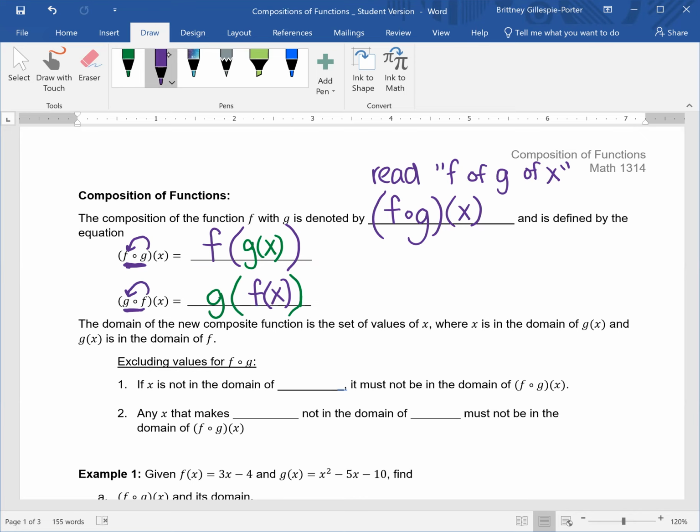We're going to be color coding a lot, so if you like colors, bust out your colors. They may help you. Now, the domains of compositions can get really tricky because we've seen that rational functions have restricted values, the denominators.